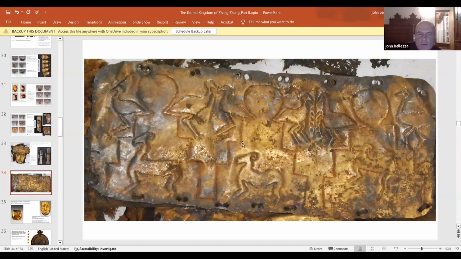So we cannot directly correlate these birds and the trees and the sheep to the funerary rituals in the text, but clearly there's a correspondence, even though there's a 1,000-year discrepancy in some cases between them.